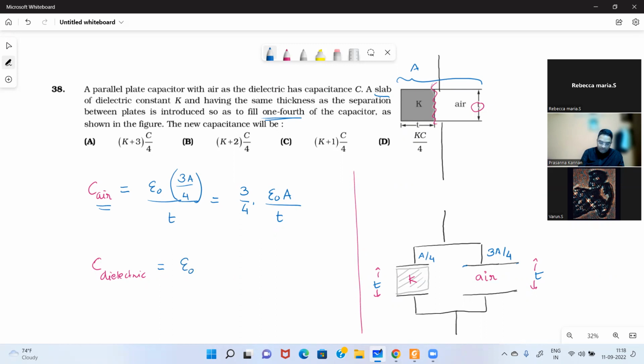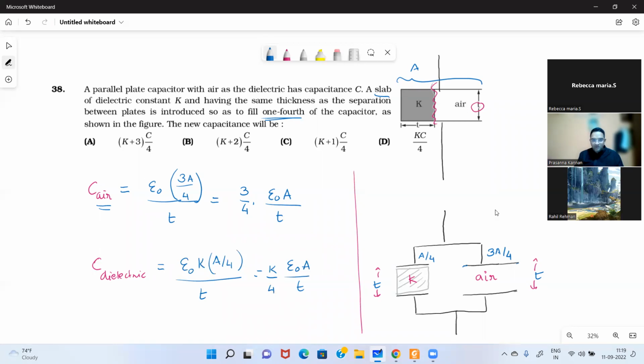So here also it is epsilon naught into K. But what is the area for the dielectric capacitor? A by 4. Excellent. What is the distance? T. Very good. That's all. So this becomes epsilon naught A by T into K by 4. Clear?